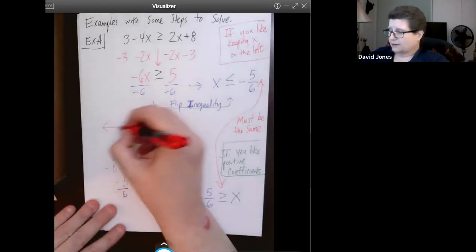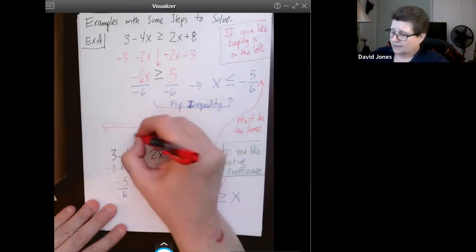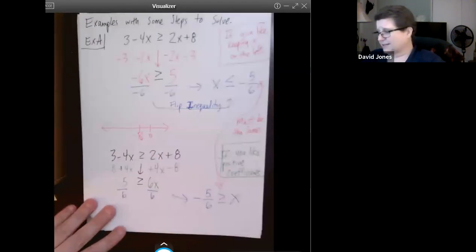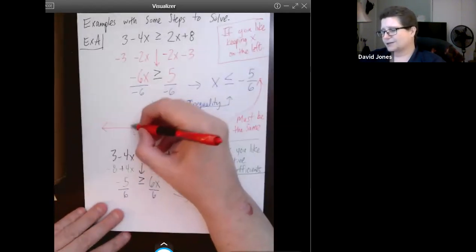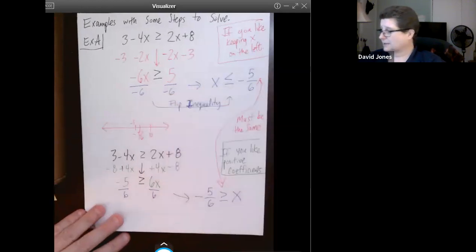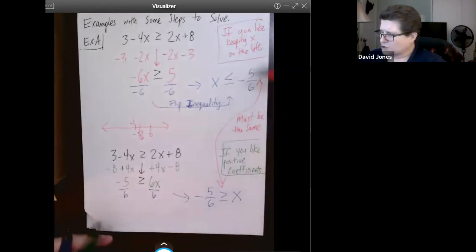In both scenarios, we've got 0, negative 5/6 is a little bit to the left of it. If you want to put in the negative 1, you can. Negative 1's right there. On the top one, I can just use it right away.